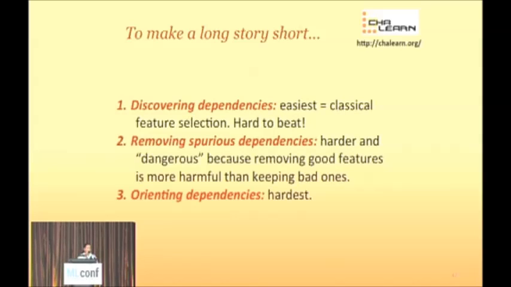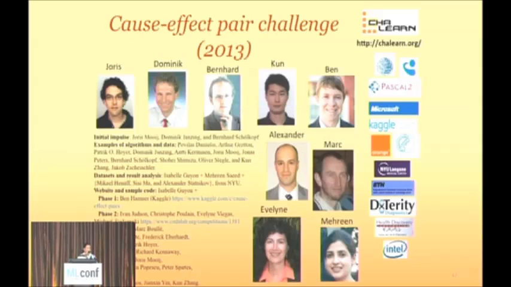But the hardest of all problems is orienting the dependencies. And so I'm going to be talking about that today. We worked on that by organizing the Cause-Effect Pairs Challenge in 2013. And I have to be hugely grateful to all of my collaborators. This was a big, big team effort.